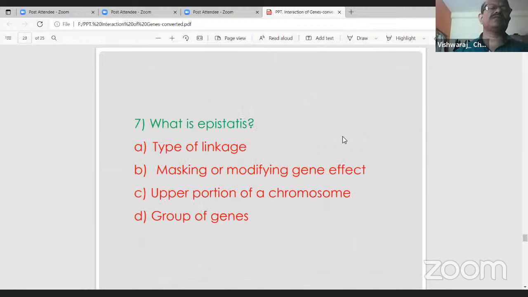Question number 7. What is epistasis? A, type of linkage; B, masking of modifying gene effects; C, upper portion of a chromosome; and D, group of genes.